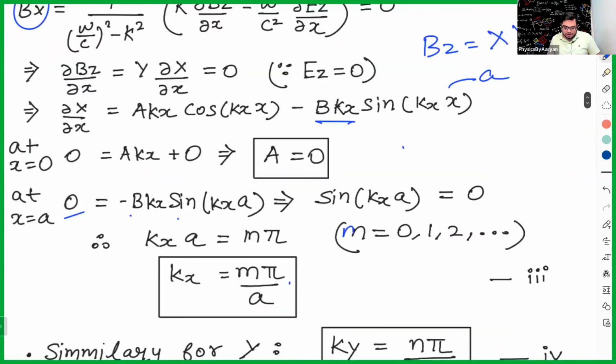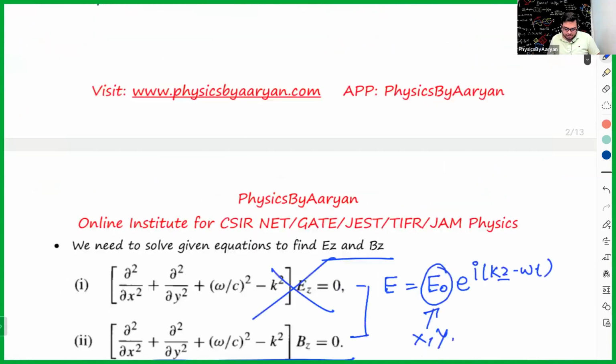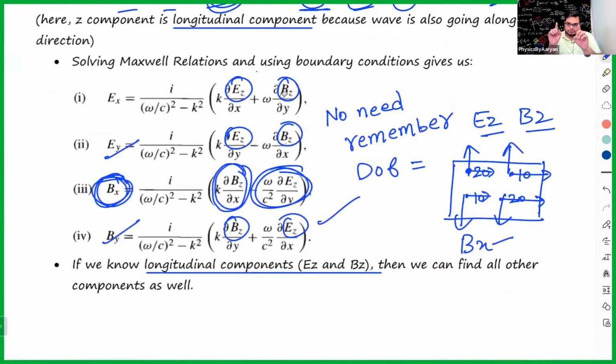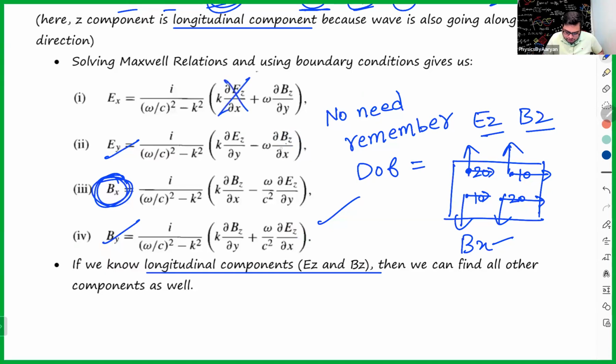What is an electromagnetic wave? Magnetic field oscillating, electric field oscillating, both of them result in a wave. So if Bz becomes constant, the bigger problem is that, first of all, Ez was already 0, so this is gone, this is gone. Now if Bz is also constant, then their derivatives will be 0. So if this is 0, then everything is 0.